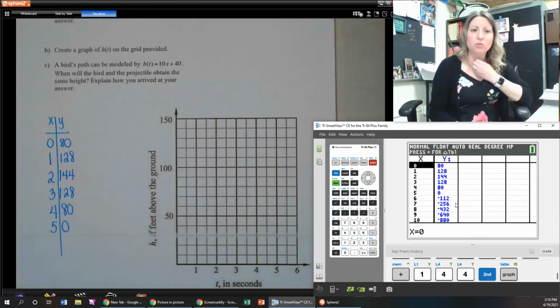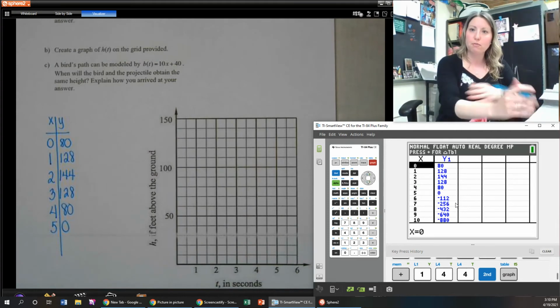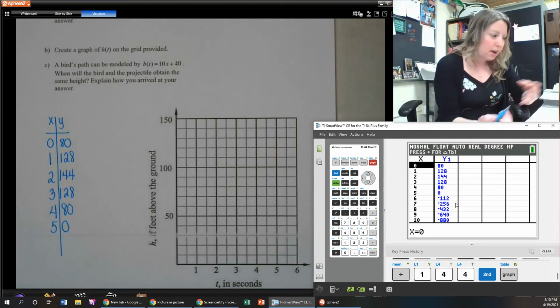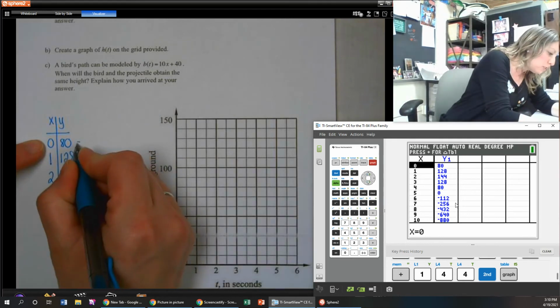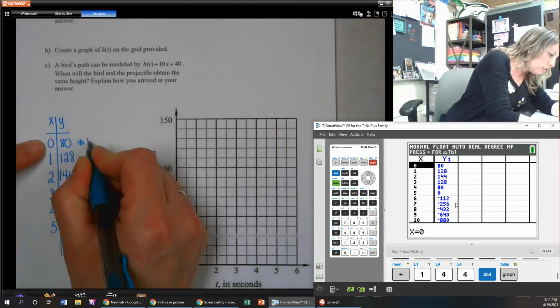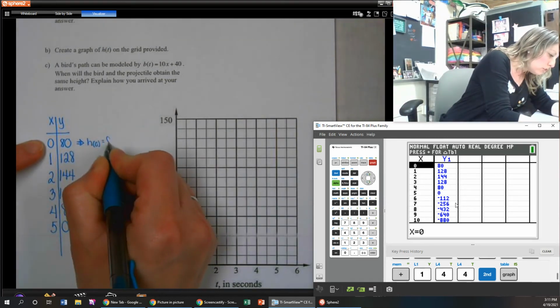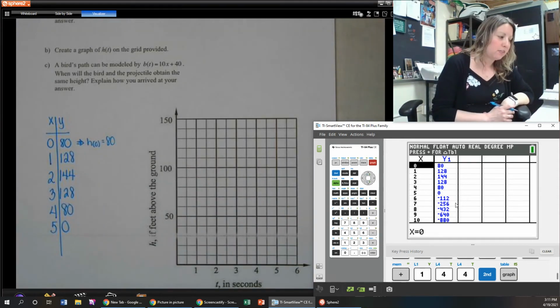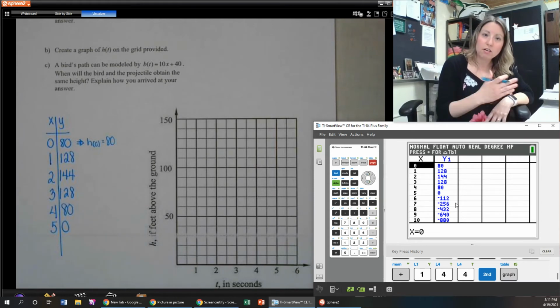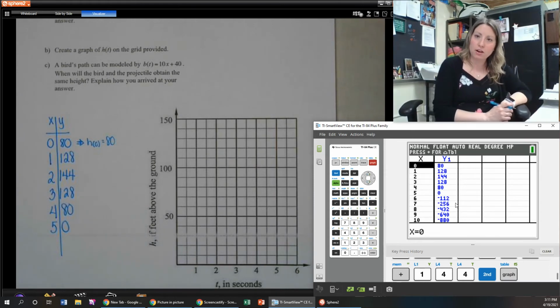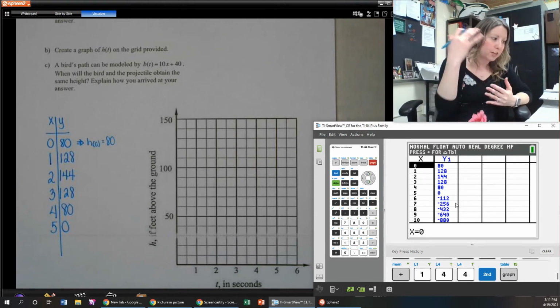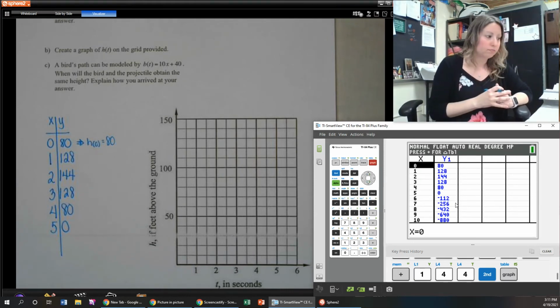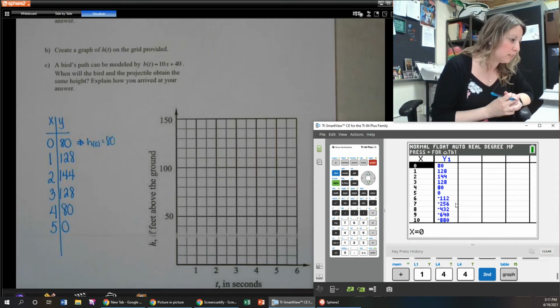Oh, interesting. There's only one root here. Our other root would be before our time had started. And that's because this being our h of 0, our height at 0 time is 80 feet in the air. Think about that. That means that the rocket was launched from 80 feet in the air. Okay, that's what was going on here.